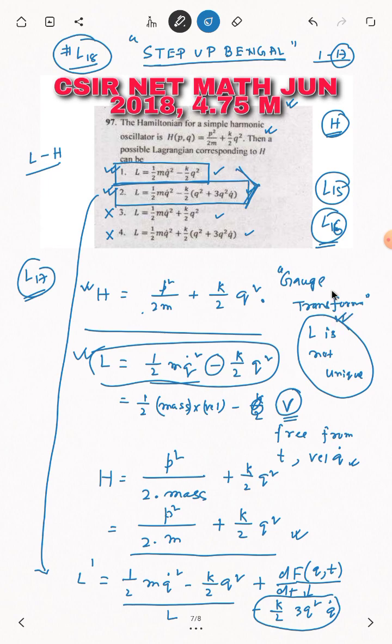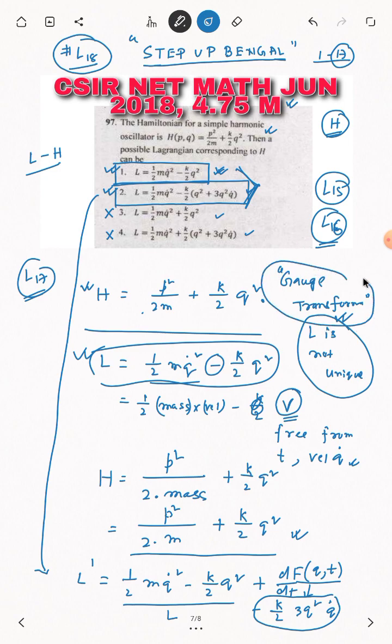So we have seen that in the CSIR question, whenever a 4.75 mark question is given, please go through all the options carefully, because it may be that apparently only one looks correct, but some other concept may be inserted, such as gauge transformation.